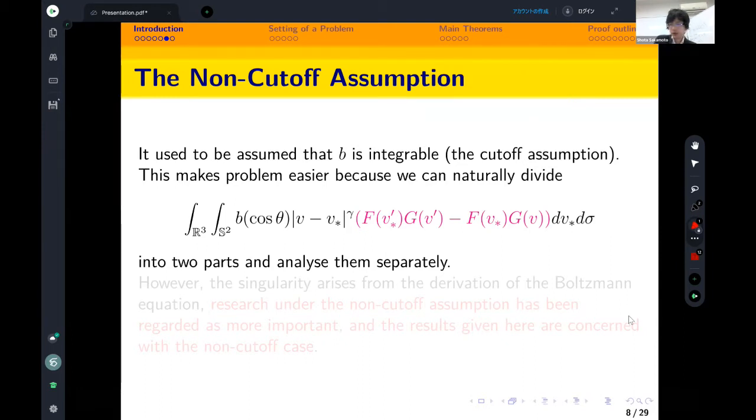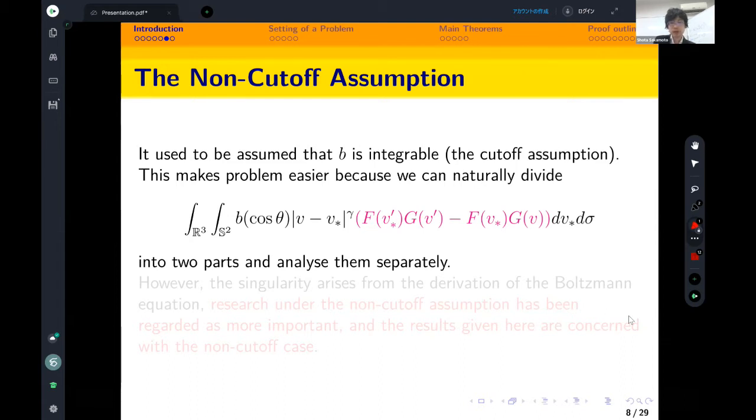And in mostly the 60s to 80s, I guess, it used to be assumed that the small b is integrable, by cutting off the singularity. So it's called the cutoff assumption.